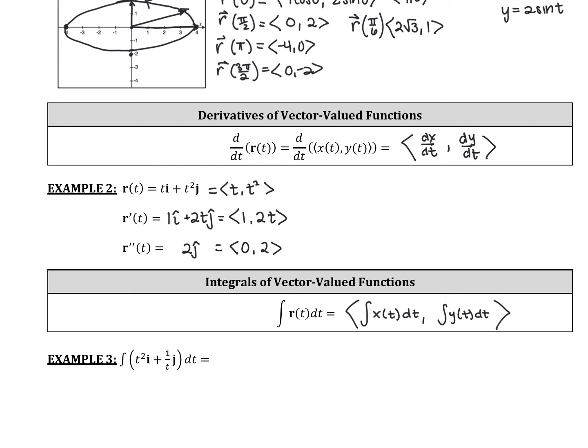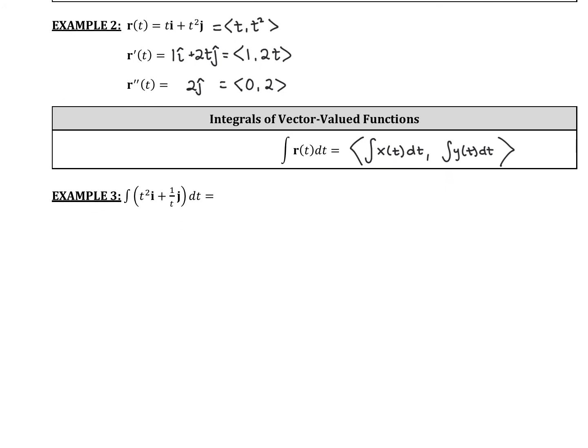Now let's look at an example of finding the integral. When we find this integral, we're going to be taking the integral of each component. And sometimes it's easier just to see in component form. And when we do that, the integral of t squared would be t cubed over 3.